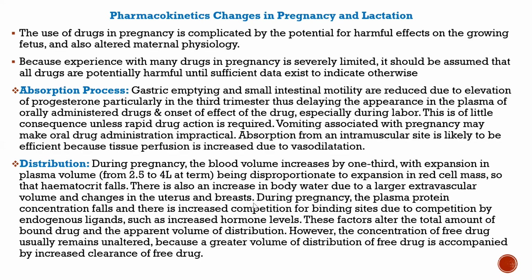Also there's the increase in blood volume, the fall in plasma protein concentration, and increased competition for binding sites. All of this contributes to factors that can affect the volume of distribution during pregnancy.